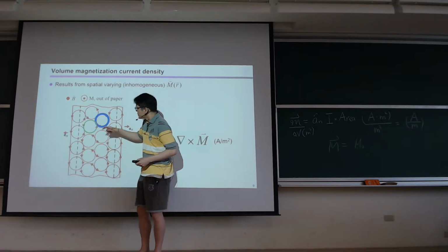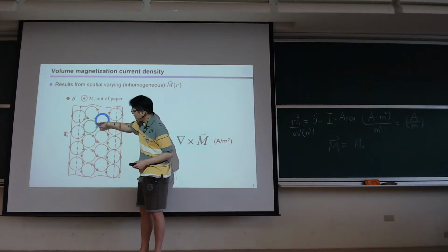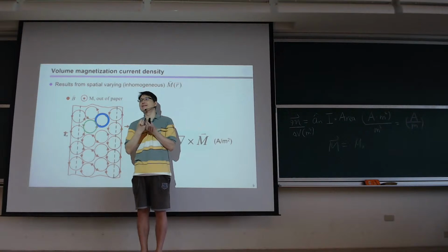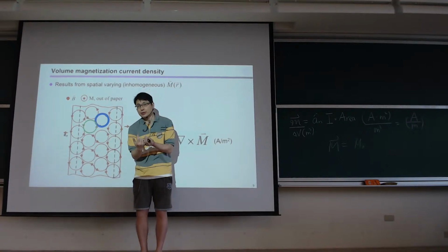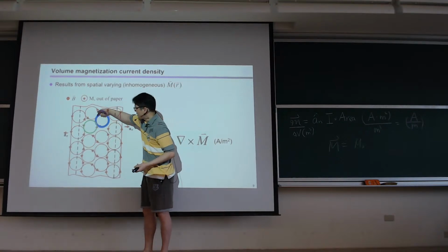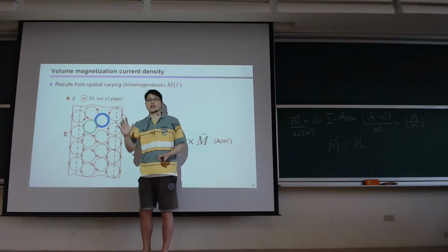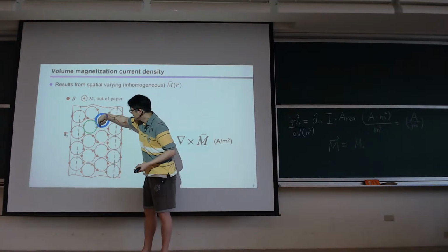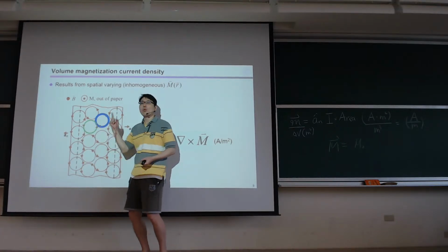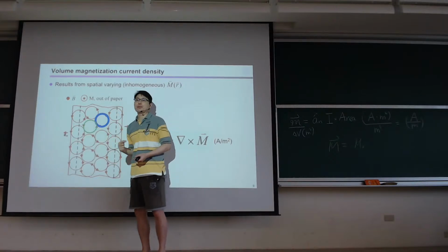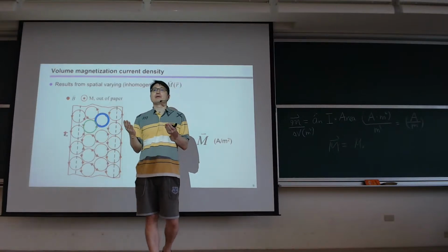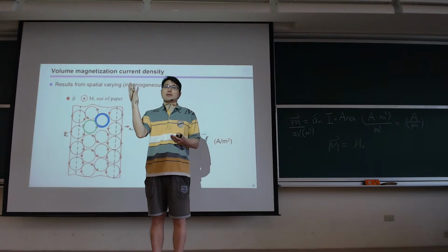So now, at this point, do you have a net current? You do, because for this one, it has 5 units of current flowing downwards, but from this green one, you only have 1 unit of current flowing upwards. So basically, you have 4 units of current flowing downwards.